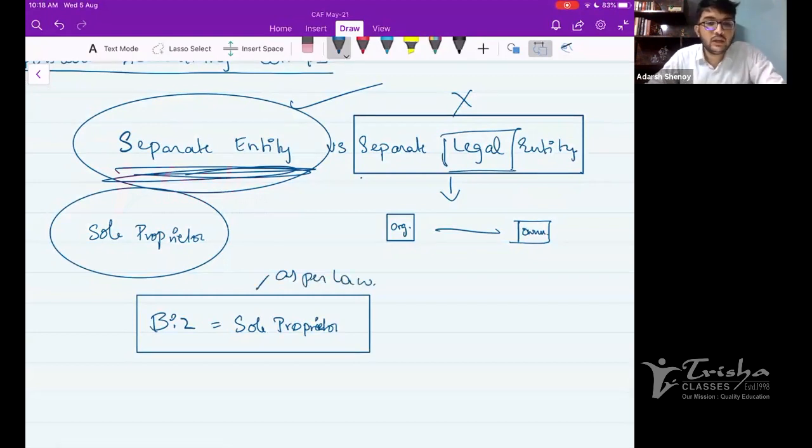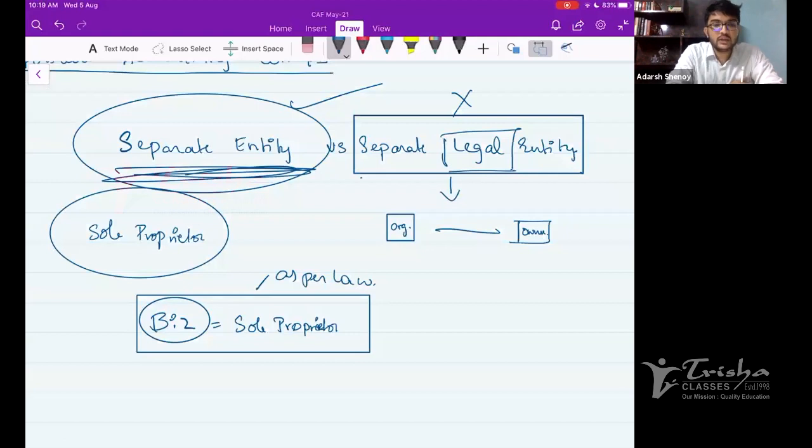So they will not tax the business separately. If you remember, when income tax is paid, we don't show it as an expense. The business might pay some income tax, but we don't show it as an expense in the final accounts of the organization.